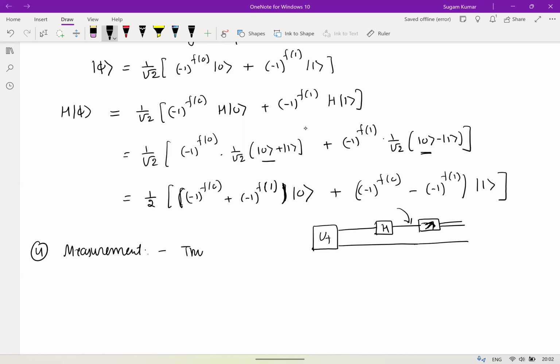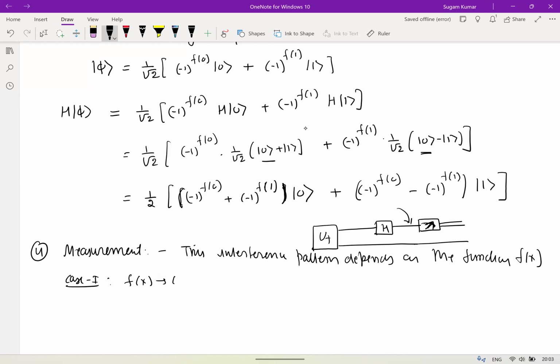This interference pattern depends on the function f(x). So for example, let us say case number 1. Let us say f(x) is constant.